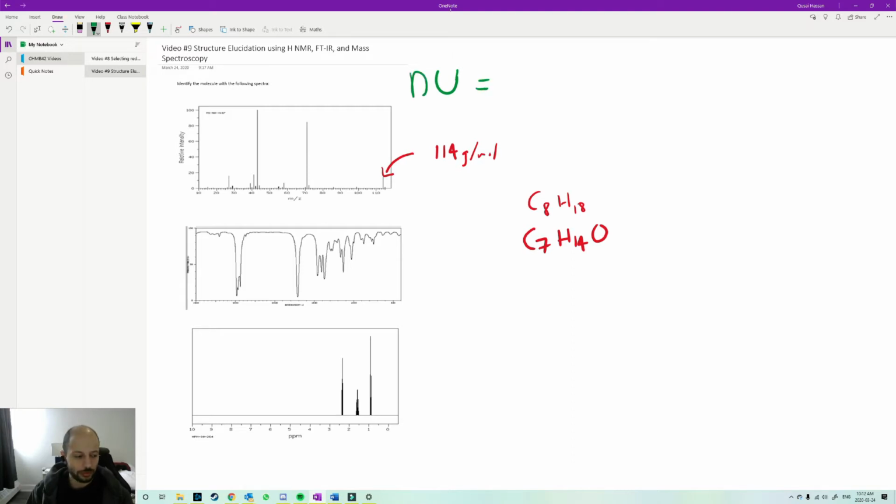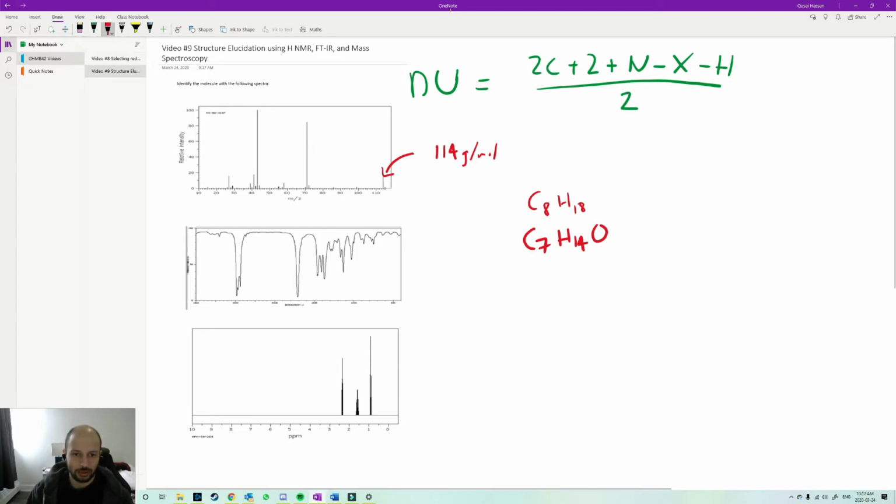The formula for that, if you remember, is 2 carbons plus 2 plus the number of nitrogens minus the number of halogens minus the number of hydrogens, all over 2. Now remember, the reason why we said there weren't any nitrogens in this is because I didn't mention this earlier, but I should have.